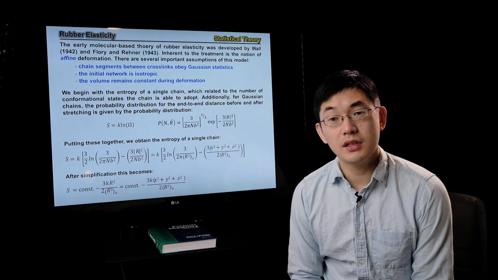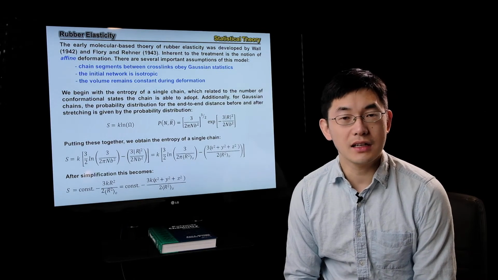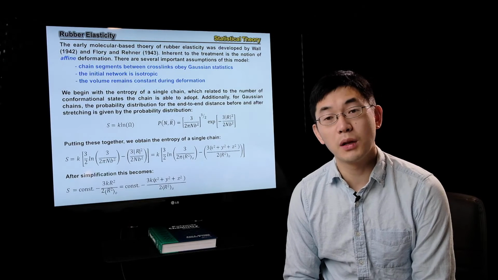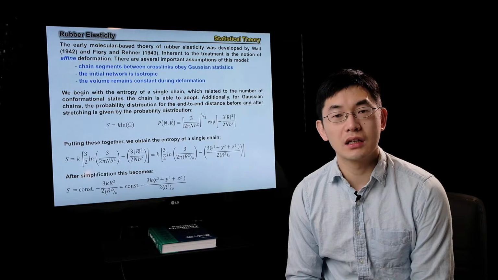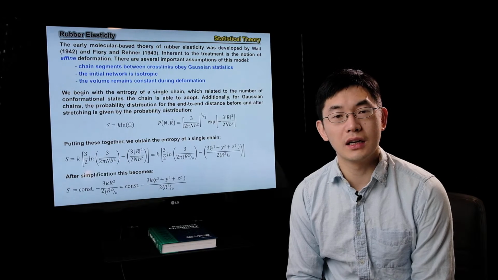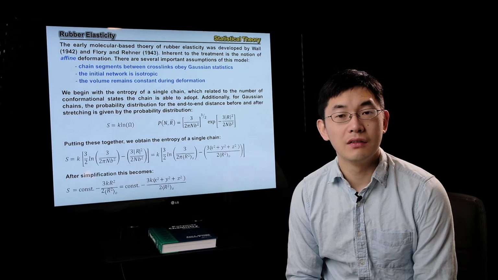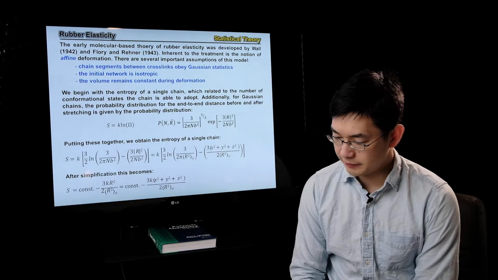Okay, so with those assumptions laid out, the next step is to apply what we know about the entropy relationship and the chain distribution to get the entropy for different states of the single chain.